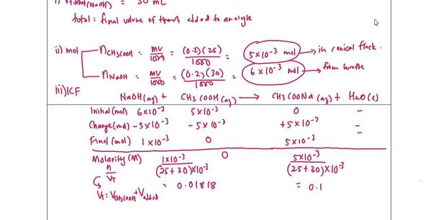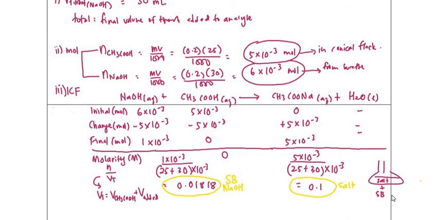After you find the molarity, you have to identify what remains at the end of the neutralization reaction in the conical flask: the salt and NaOH, which is a strong base.